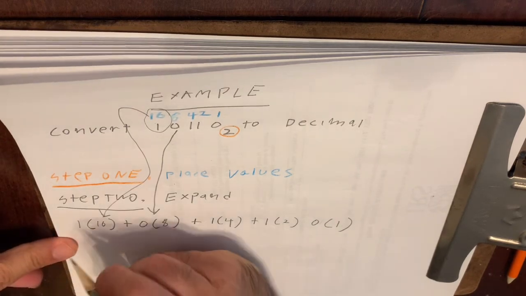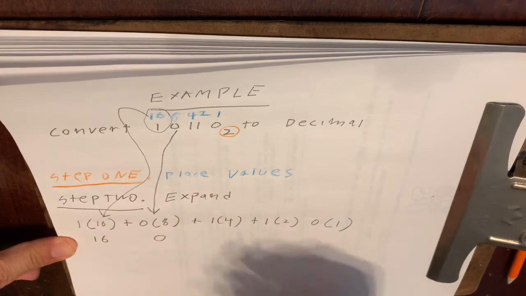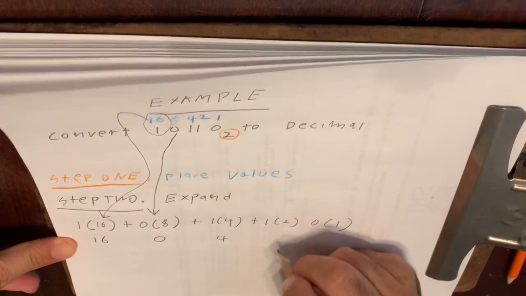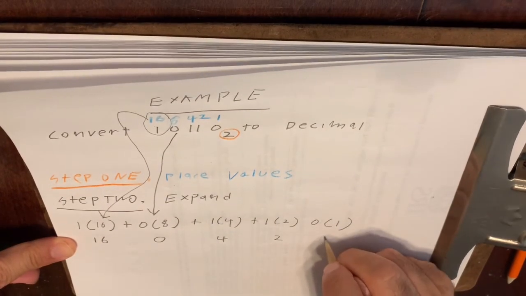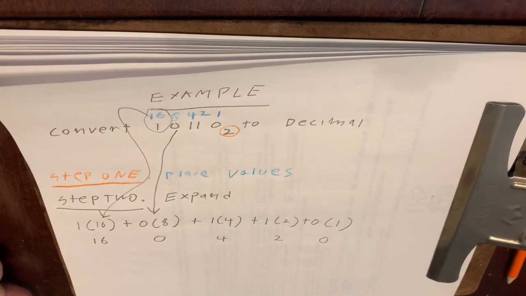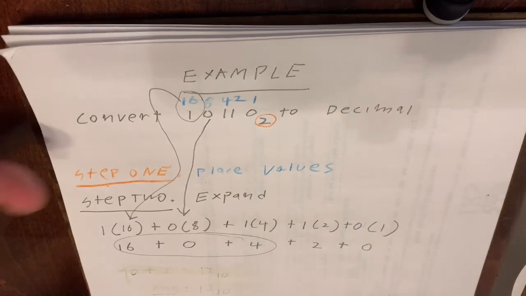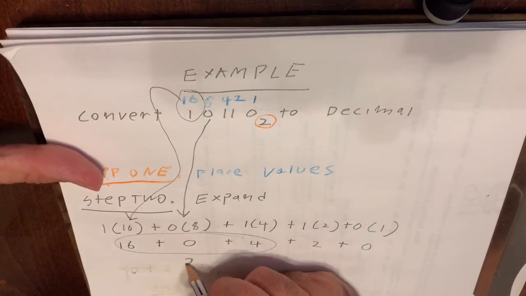All right, so this is 16. This is a big fat 0. This is 4. This is 2. And this is a big fat 0, and I forgot the plus sign, but I'm putting it in. So 16 plus 4 is 20.